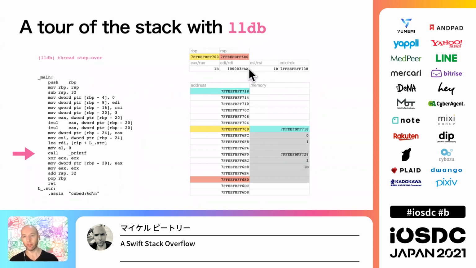The integer we pass into that is stored in the RSI register, and that's just our 1B or 27. So this is part of the OS ABI. The arguments that are passed to functions must be defined in a specified order. And in this case, we start with RDI and then RSI.